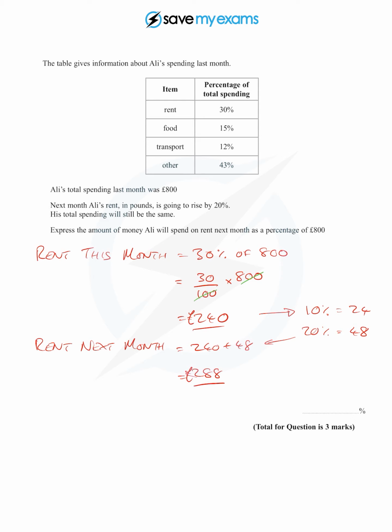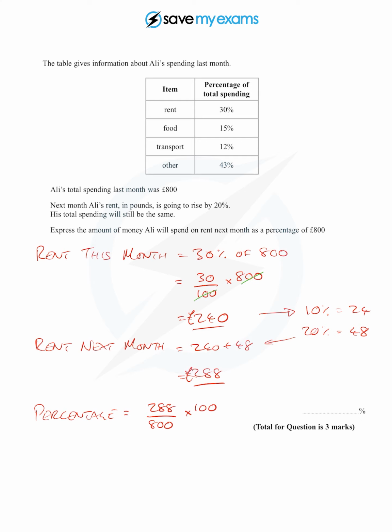And then what does it actually ask us to do? It asks us to express this amount of money, that's the 288, as a percentage of 800. So let's do that. So we can say the percentage is equal to, well, it's 288 out of 800. How do we turn that into a percentage? We multiply by 100.